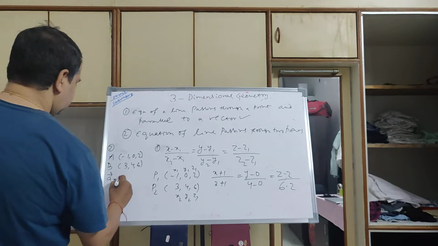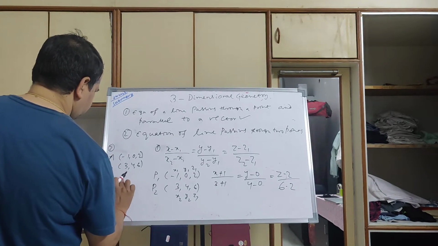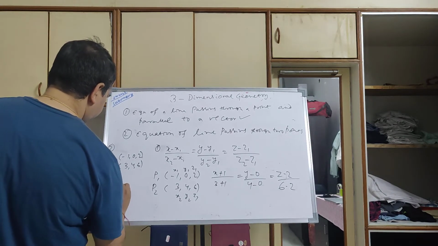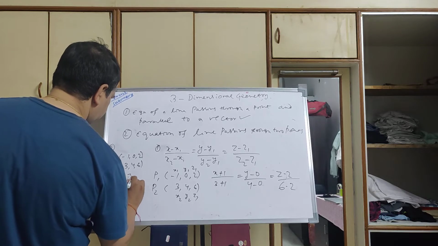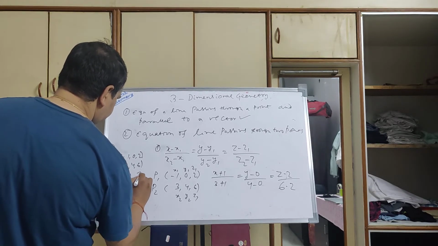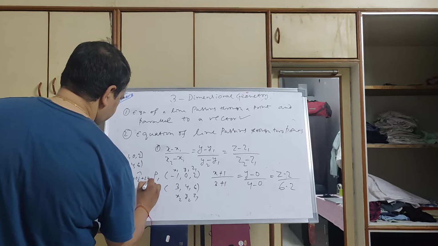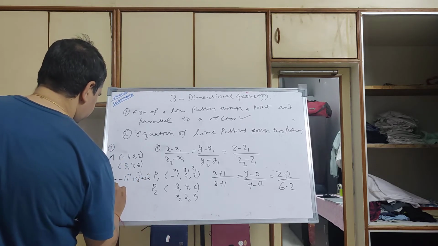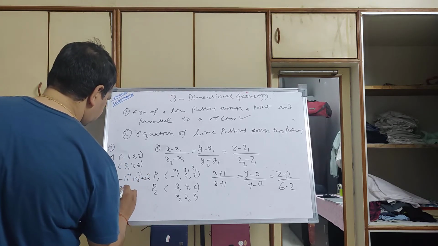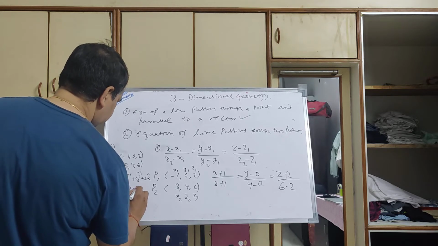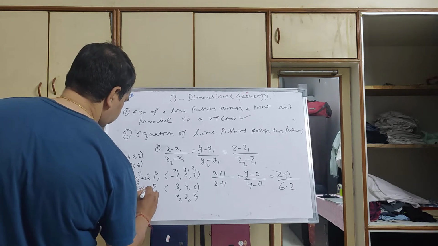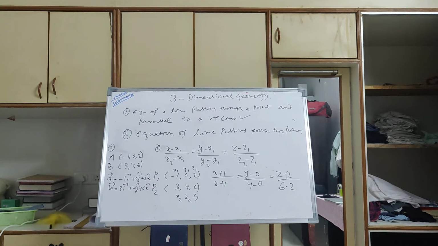It is minus 1 i cap, 0 j cap, 2 k cap. And my other position vector is 3 i cap, 4 j cap, 6 k cap. These are my 2 position vectors.